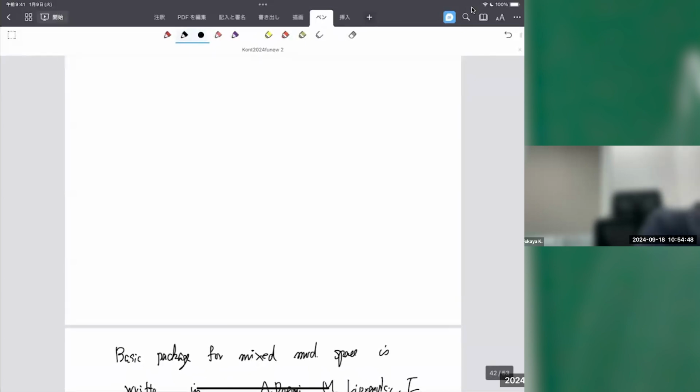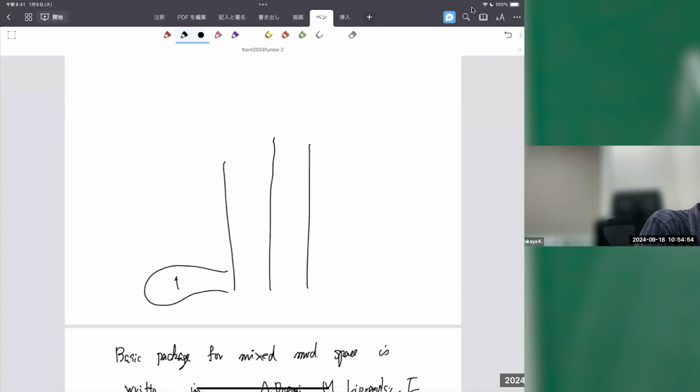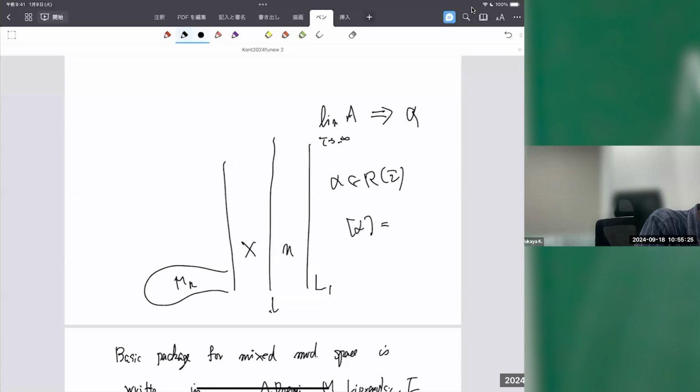That is a so-called mixed end. In this kind of situation, this is M_K, and this is a part of X, and this is U, and this is L1. Then the limit as tau goes to minus infinity, A is asymptotic to some A_alpha, where alpha is a flat connection on M, and its gauge equivalence class is equal to the limit as tau goes to minus infinity of U. And the same conditions for tau going to plus infinity.